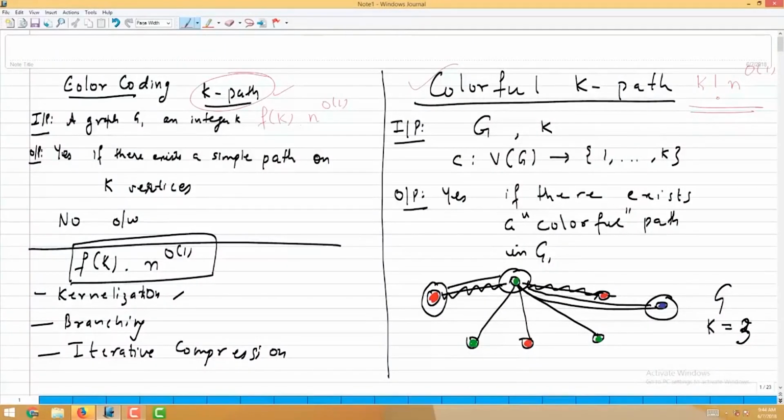But if you are not able to find a colorful k-path, can you say that there is no k-path in this graph? No. Why? Of course, you can't say that. But why is this happening? It's because the coloring that we chose might not have made the vertices of the k-path that was there in the original graph colorful.